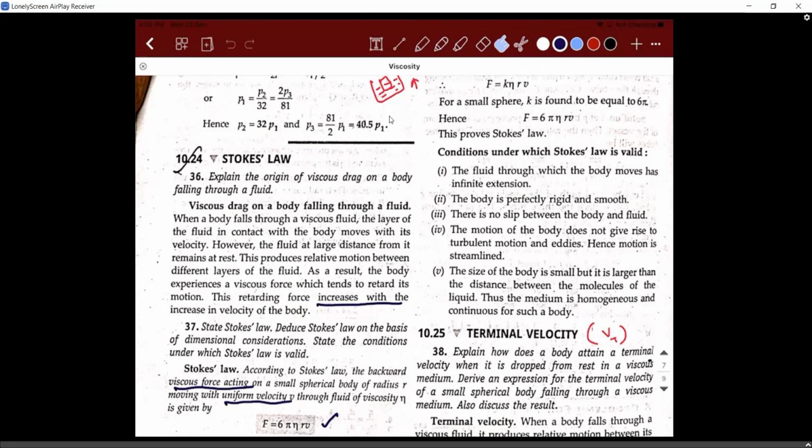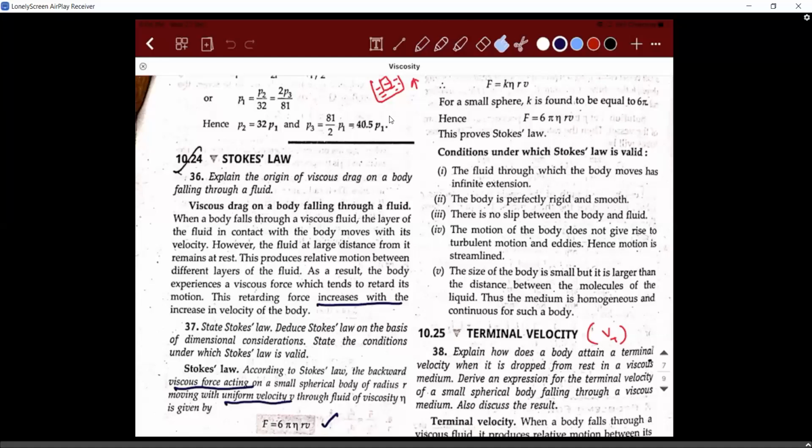So when a solid object is dropped into the viscous liquid, what happened? The layers of the liquid which were in contact with the solid started moving with the same velocity as that of the object. Whereas the layers which are far away were at rest, right?